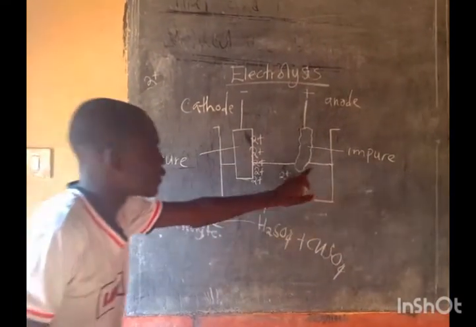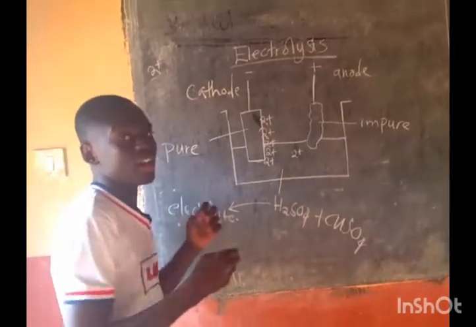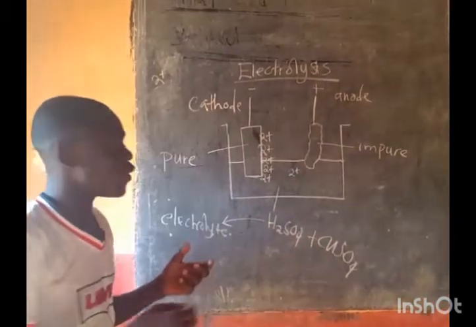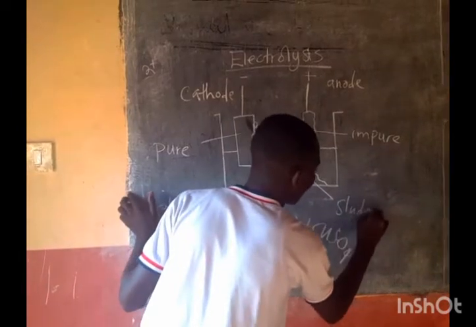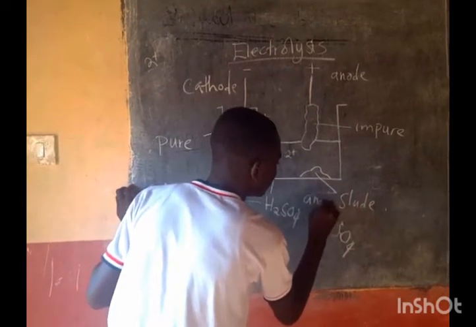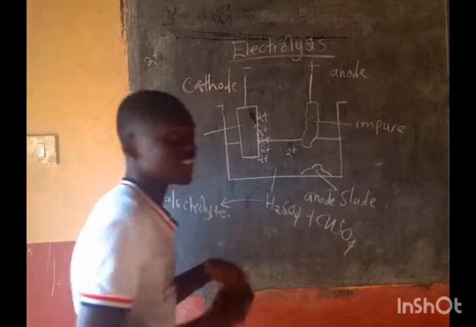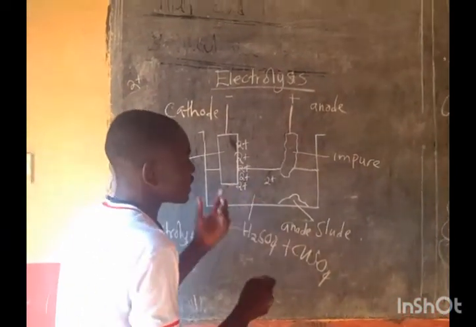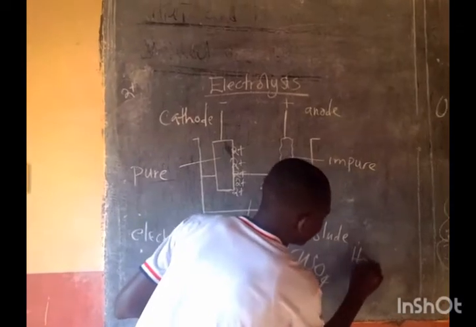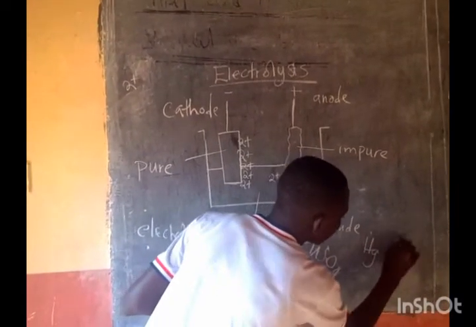As the ions move from the impure copper, the impure copper releases what we call anode sludge, which contains impurities.